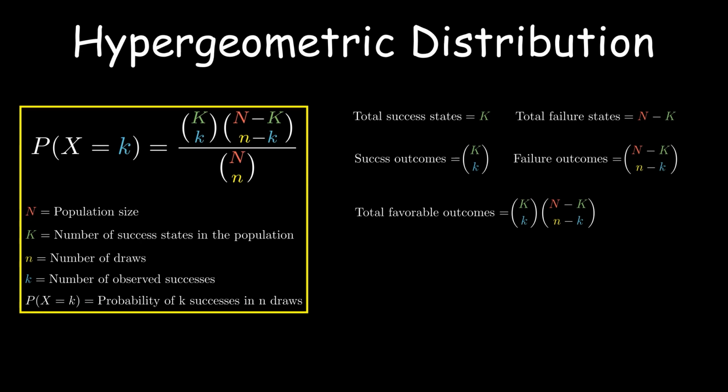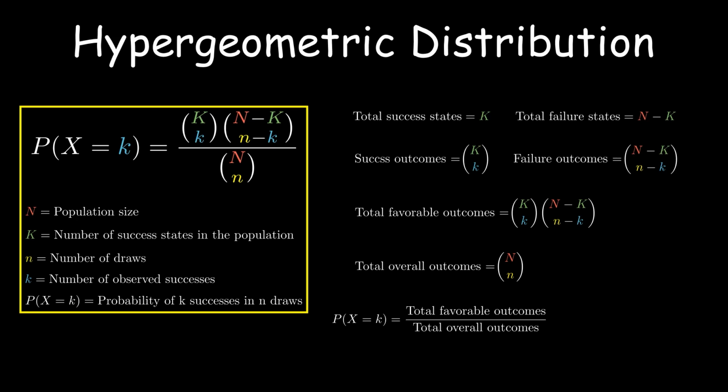Total number of outcomes would be capital N choose lowercase n, as we are drawing n items from a population of size N. Now, by naive definition of probability, the probability of k successes in n draws can be calculated by dividing the total number of favorable outcomes by the total number of outcomes. Substituting the values of total favorable outcomes and total overall outcomes, we get the probability mass function of the hypergeometric distribution.